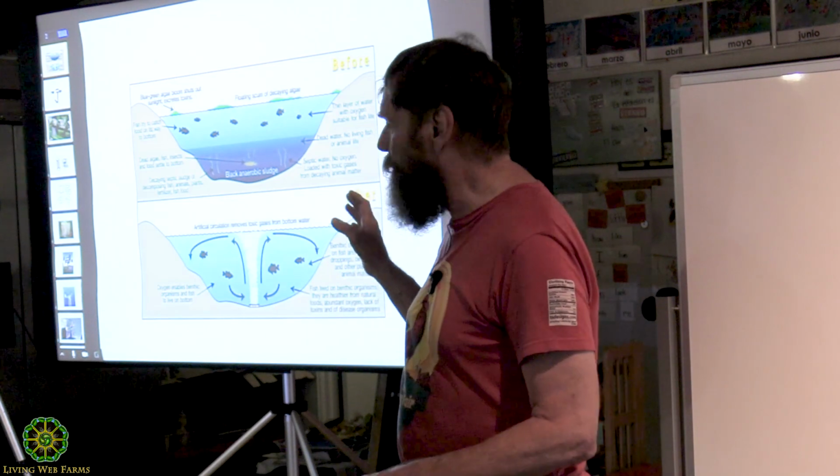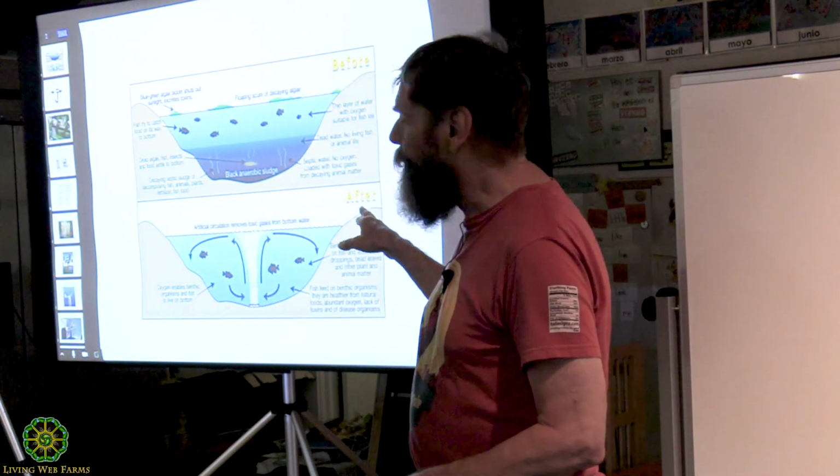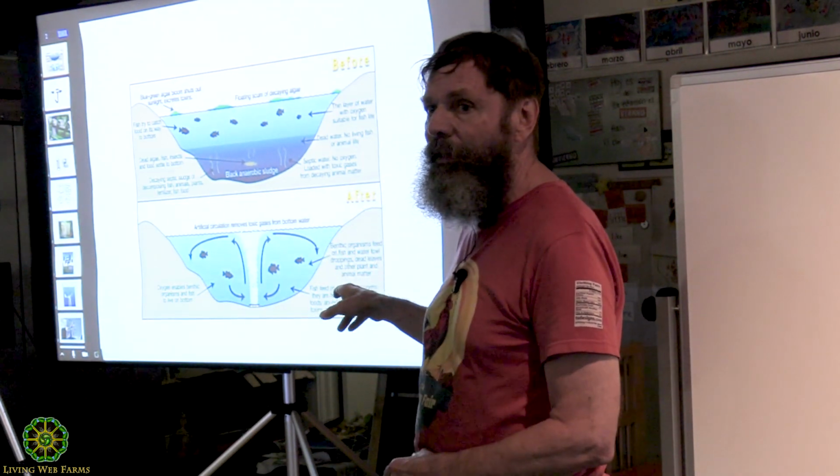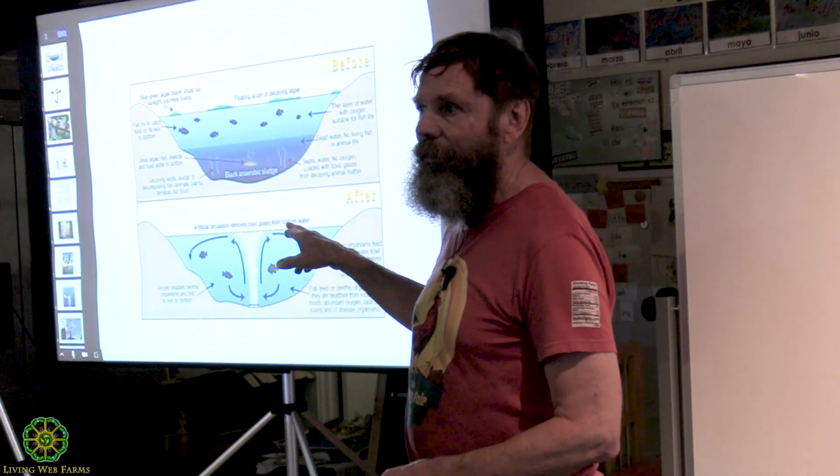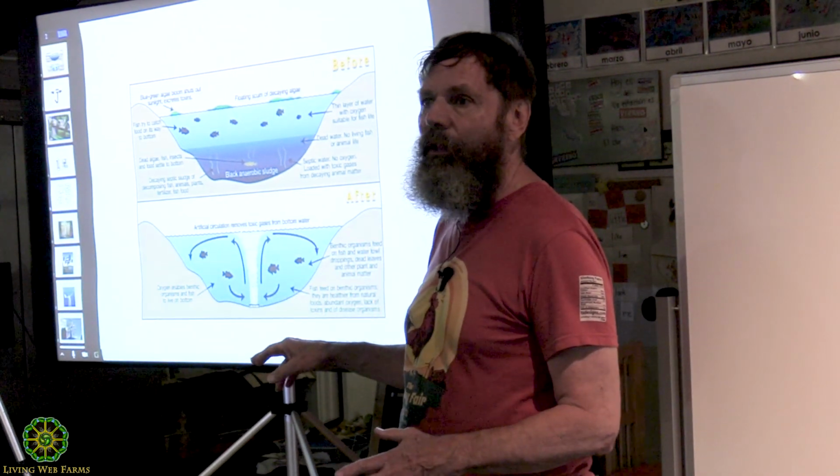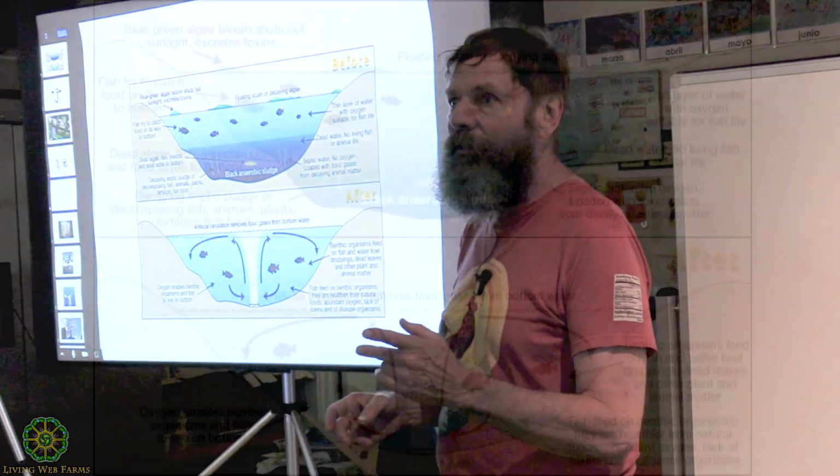But I'm just going to let Johnathan talk a little bit about the thermocline and the situation in the pond before we get into the machinery, if you call it that, we'll be using to get this accomplished.